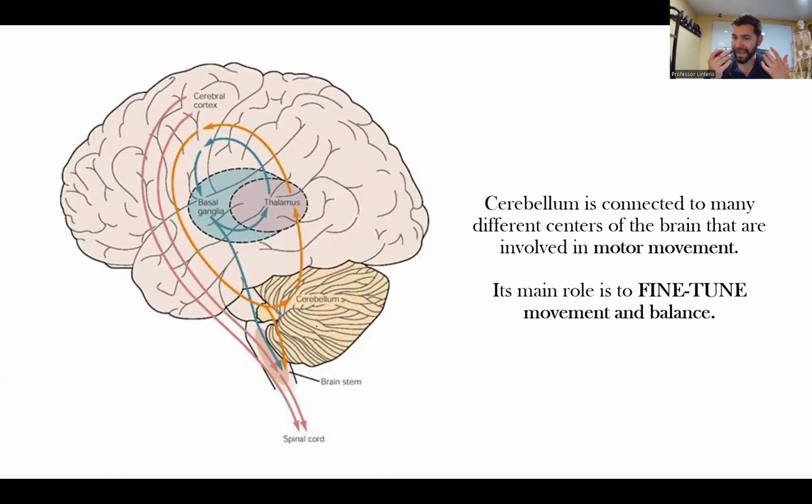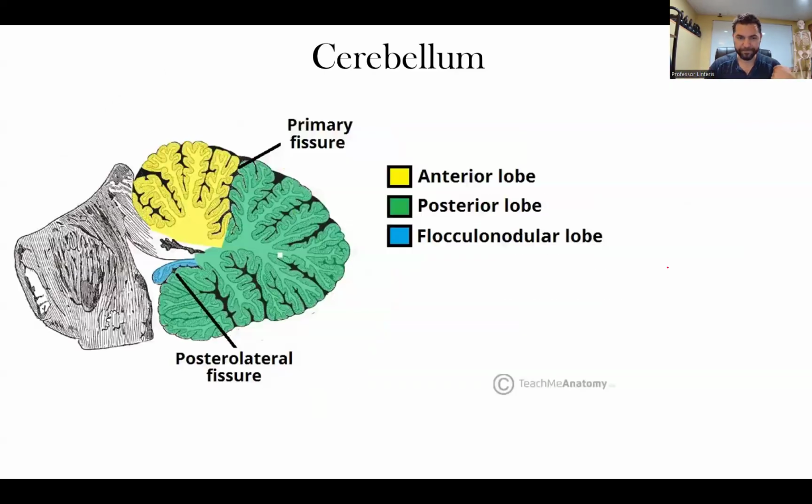It connects to different areas of the brain, whether it be the cerebral cortex and that precentral gyrus, the basal ganglia that we will discuss in a little bit, or the thalamus that has some motor role. It's primarily involved in motor movement, but more importantly, fine-tuning that movement and balance associated with those more complex motor activities.